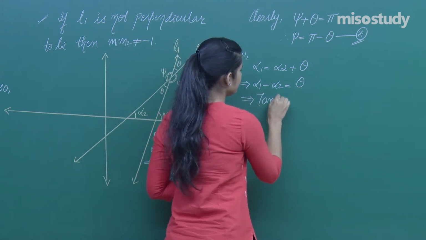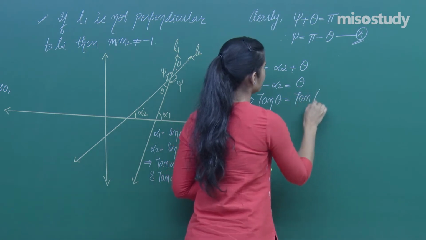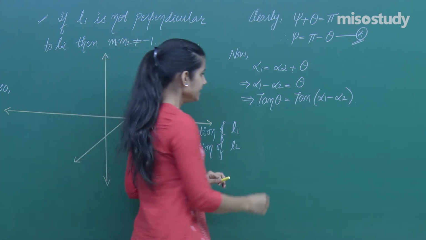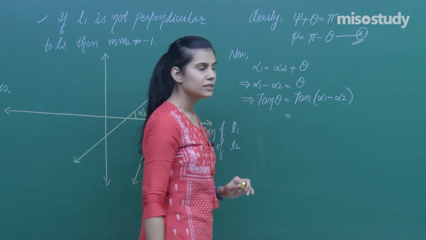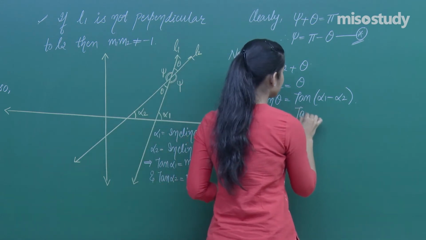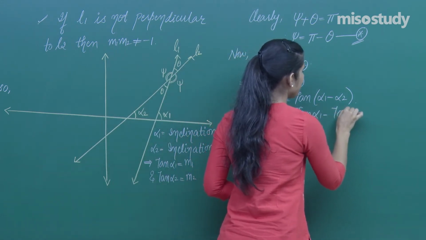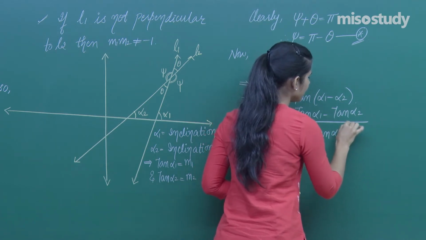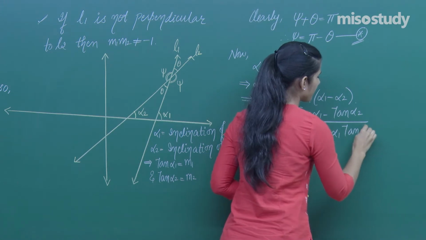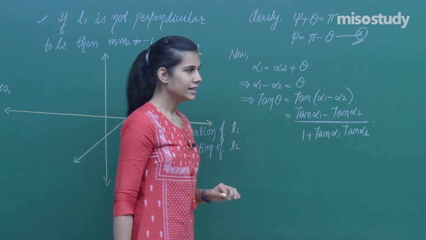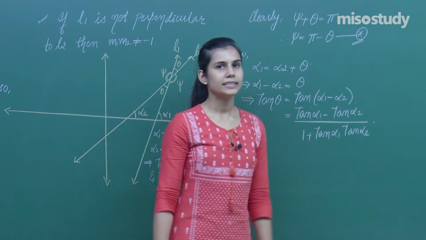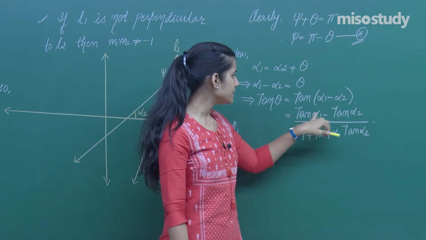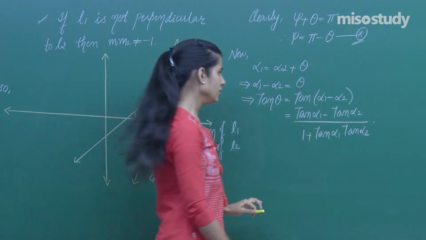So tan theta is equal to tan of alpha 1 minus alpha 2. What is tan of A minus B? It is tan A minus tan B upon 1 plus tan A tan B. What is tan alpha 1?